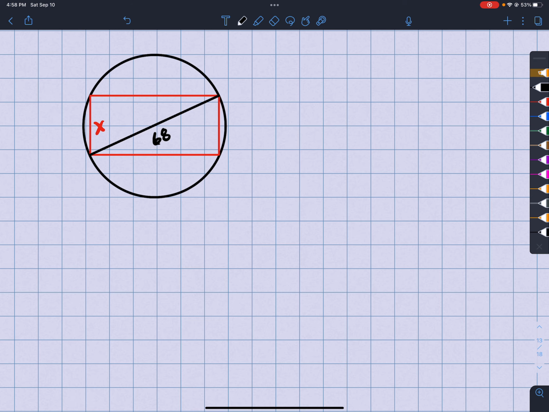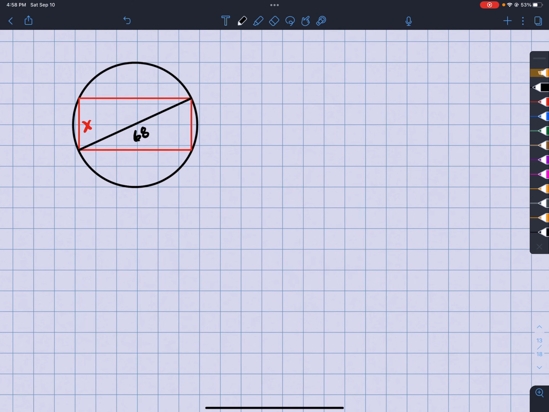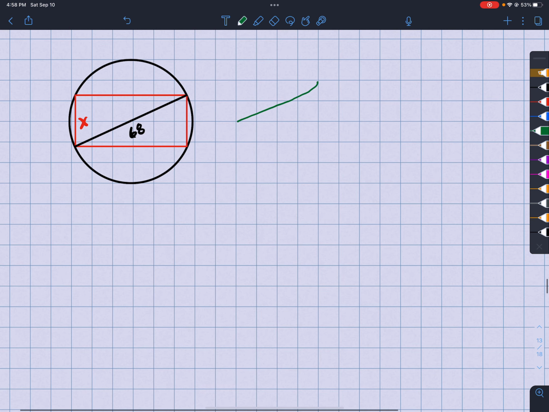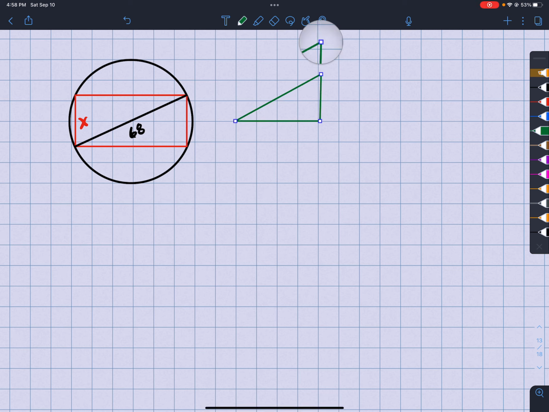So if you look at this, what do I have? Don't I have a right triangle, right? It's a little bit larger like this, but it doesn't matter. It's just not drawn to scale and it's okay.